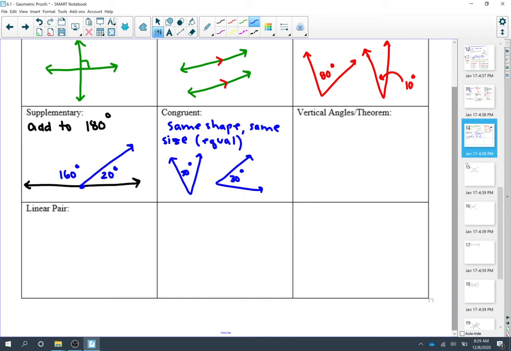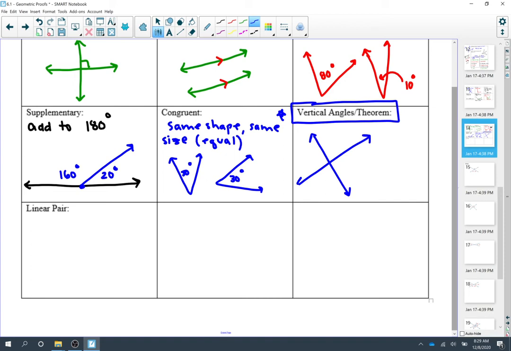These last two boxes are our important ones, okay, and these are actually more theorems that you're going to use proving things. So the first one is vertical angles, and then we're going to have the vertical angle theorem. Okay, so this theorem is going to be used when we do proofs. Now, vertical angles are angles that are kind of opposite one another.